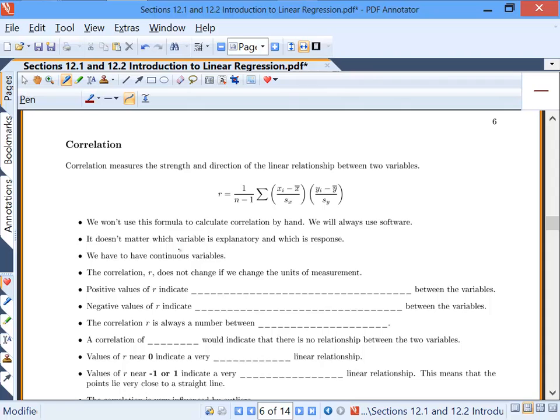Positive values of r indicate a positive relationship or association. So positive values of r mean you're going to have a positive relationship or a positive slope. Negative values of r indicate a negative relationship.